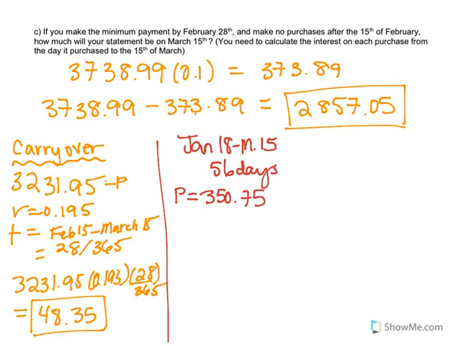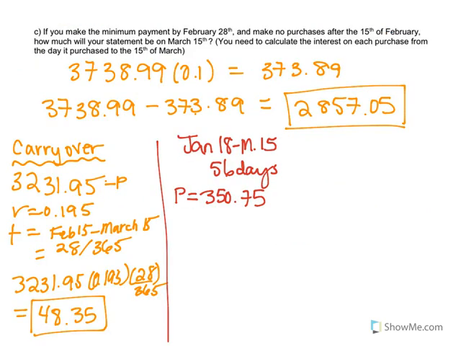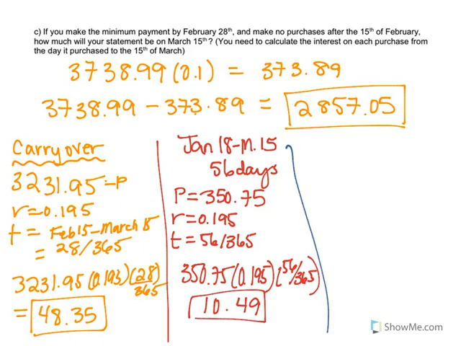So I'm just getting this from Part B. So our rate is 0.195, and our term is going to be 56 out of 365. So we have 350.75 times 0.195 times 56 out of 365. And the amount of interest that we would be paying on this purchase is $10.49.